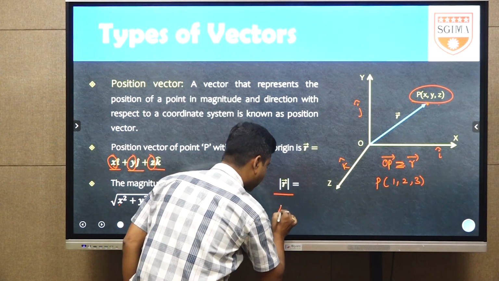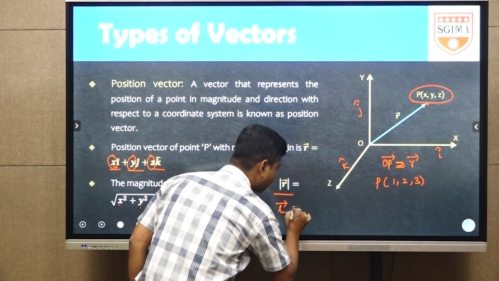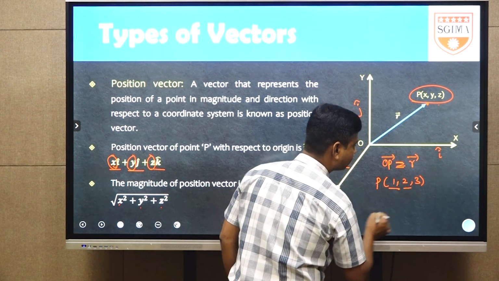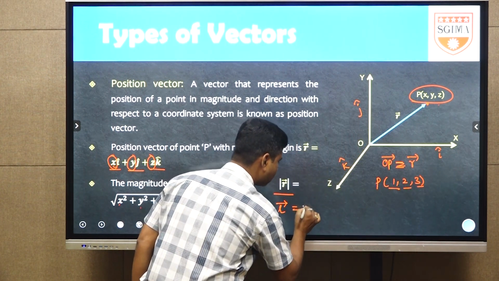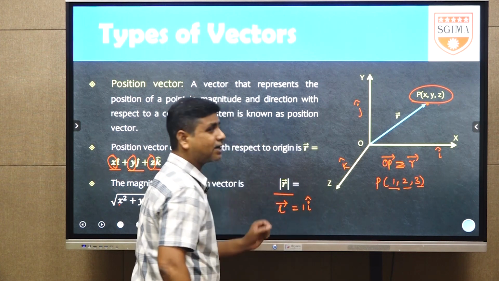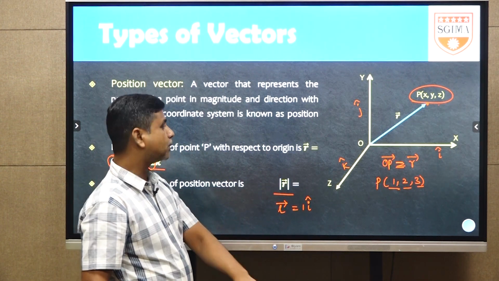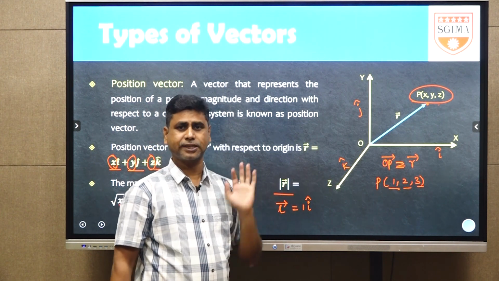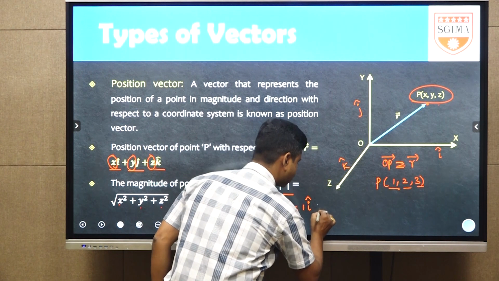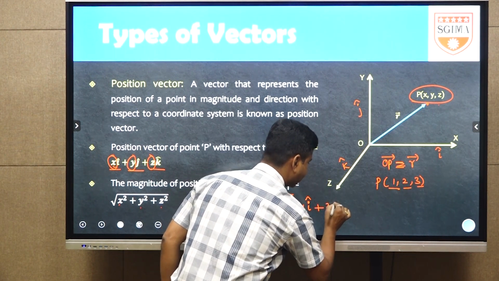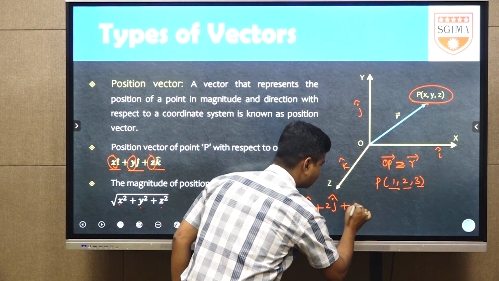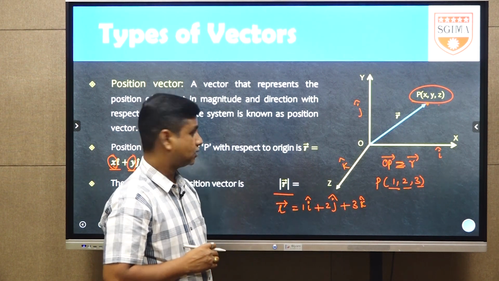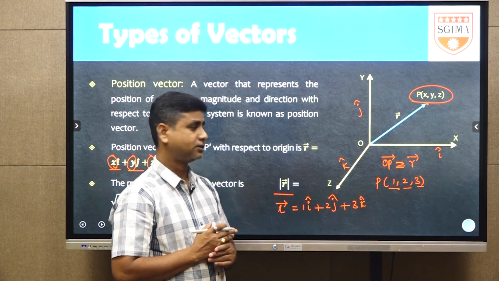For this, the position vector R bar is written as follows. The first one is the x coordinate, the second is the y coordinate, and the third is the z coordinate. That is why I write 1 i cap, with magnitude 1 acting along the x direction, plus 2 j cap, with magnitude 2 along the y direction, plus 3 k cap, with magnitude 3 along the z direction.